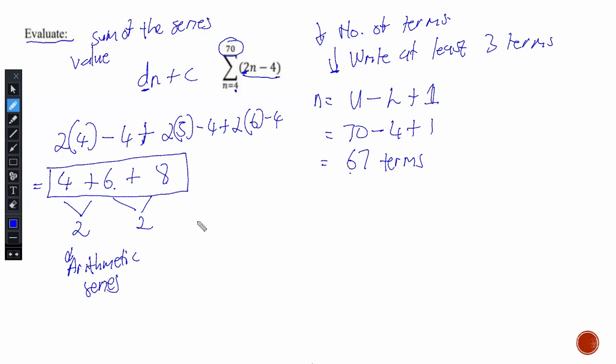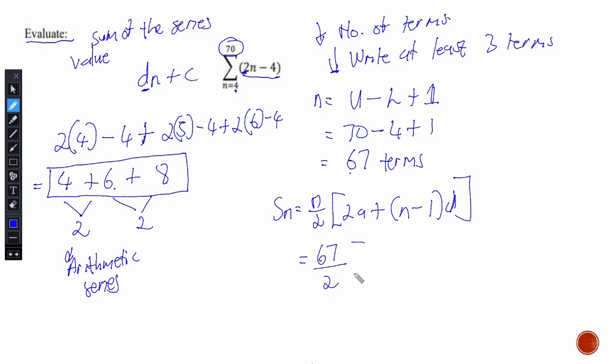So what we need to do now is to calculate the sum. Sn is equal to n over 2, then 2a plus n minus 1, and then d, right? Our n value is the number of terms that we are adding, so we have 67 terms over 2. Our a value is going to be this one here, right?